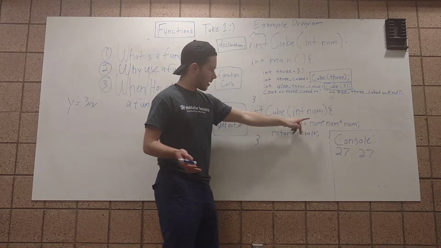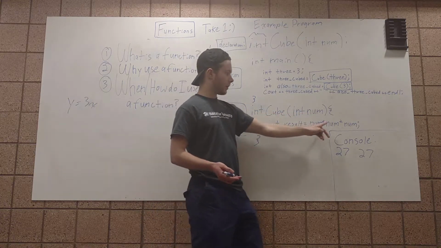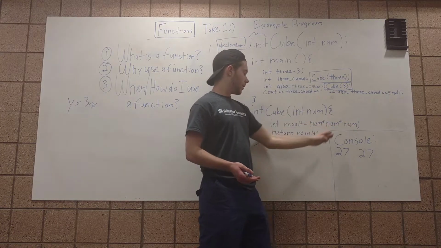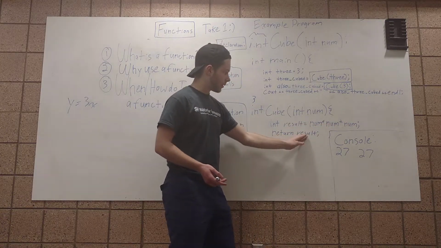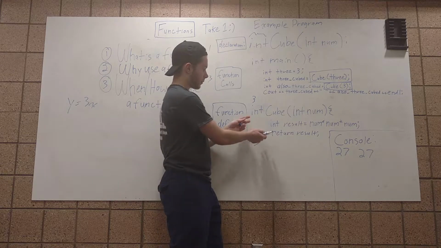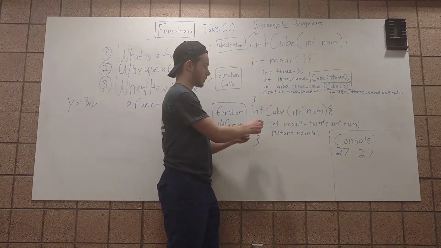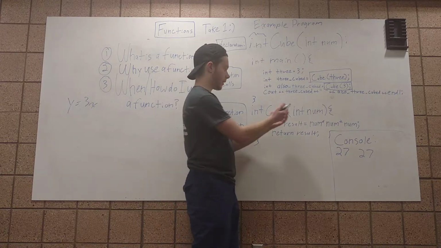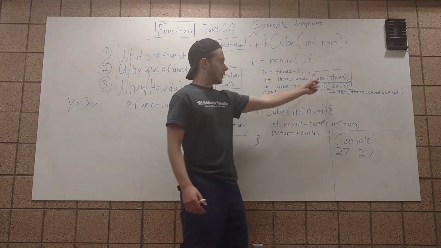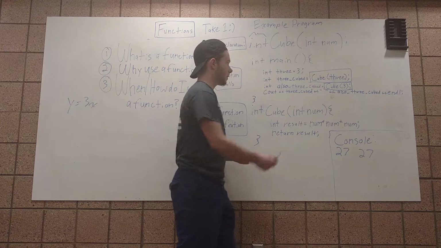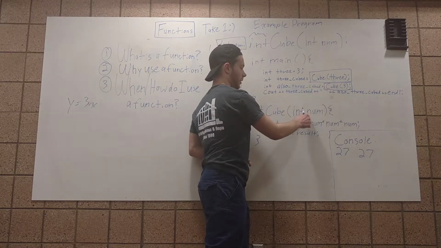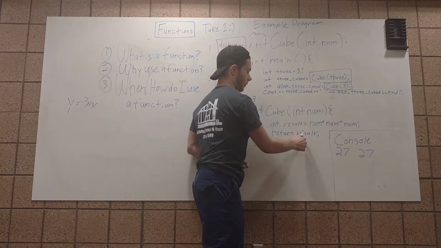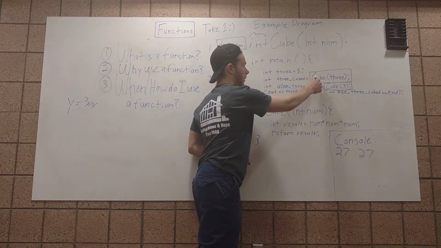And then it would take num and multiply it by itself 3 times, store that in result, and return it. So this is why we have to declare the return type, so that the compiler knows that we're returning an integer when we call this function. And then when this function returns, so basically we're passing 3 down here, we're multiplying 3, and then we're returning the result back up here.